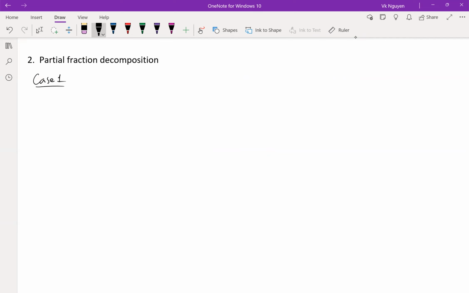Case 1: we have a rational expression p(x) over q(x), where the degree of p(x) is less than the degree of q(x), and q(x) is a product of linear factors.